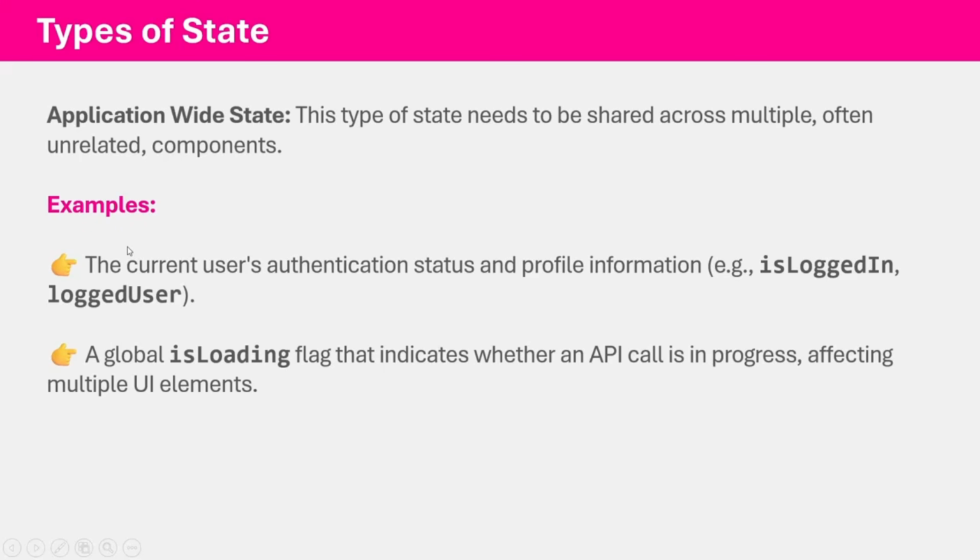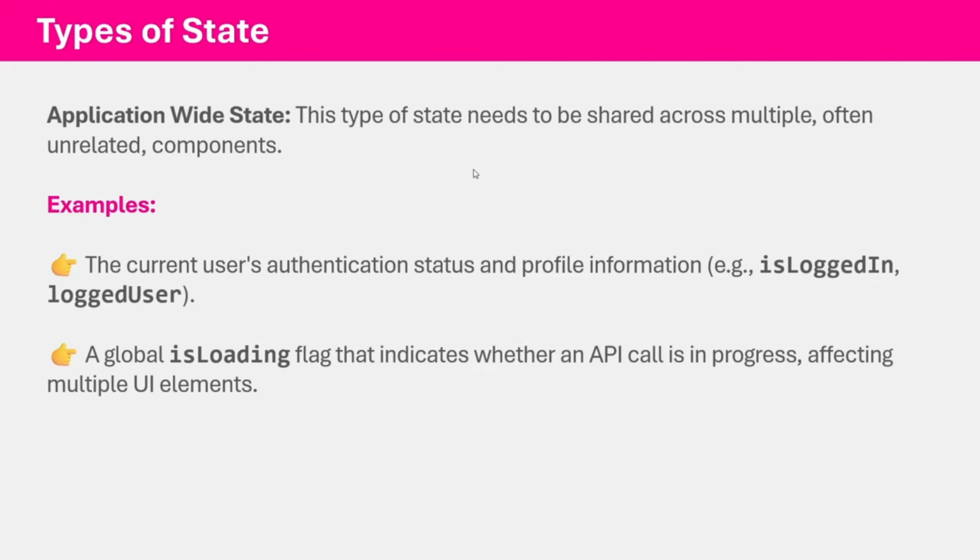And in all those multiple components, we will have to access the current value of this is loading state, and we might want to change the value of this is loading state to true or false based on when we want to show the loading indicator and when we want to hide the loading indicator. So these types of states are application wide state or global state which can be used in multiple components.